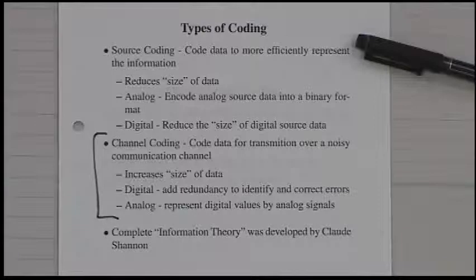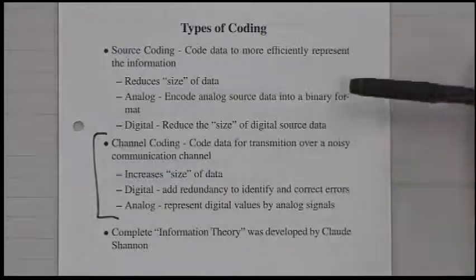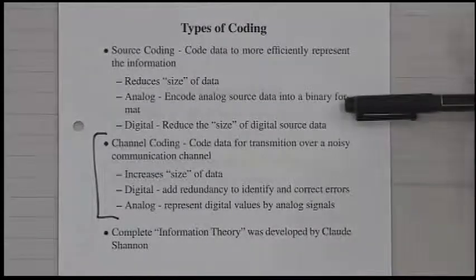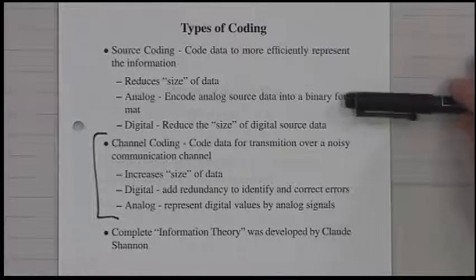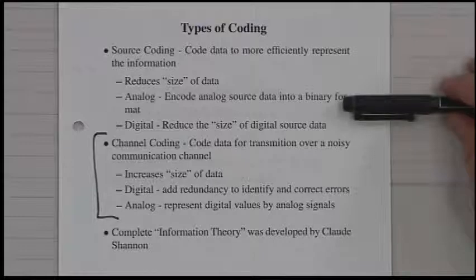He's sort of like the Albert Einstein of information processing, but not as well known. He basically recognized some very fundamental things. And we have a course, 642, which is information theory, an entire course dedicated to these topics.